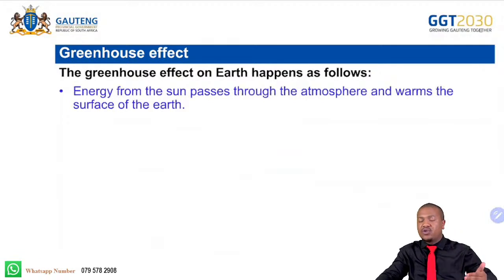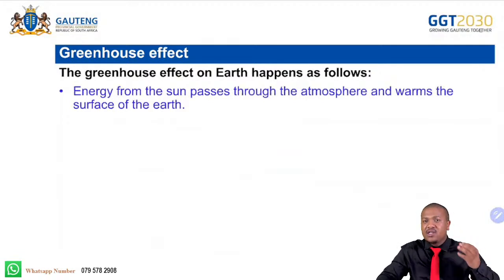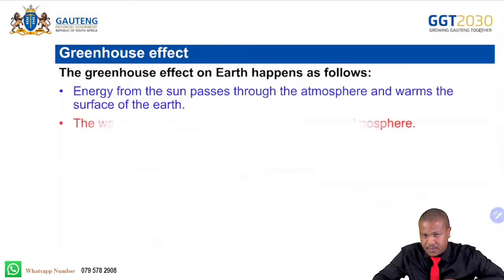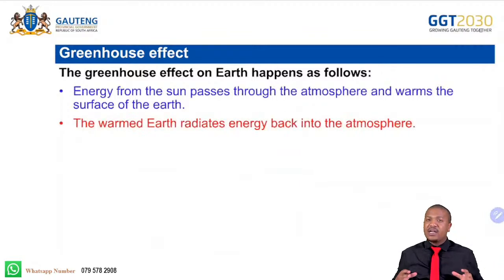As we noticed during the day, there is what? Insolation from the sun, right? The energy from the sun, or the sun's UV rays, pass through the atmosphere and warm the surface of the earth. Are we together? Then later, during terrestrial radiation, the warmed earth radiates the energy back into the atmosphere, right?